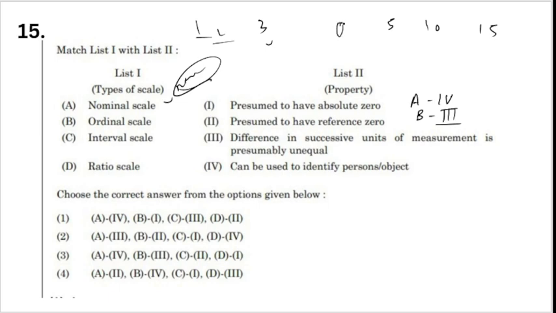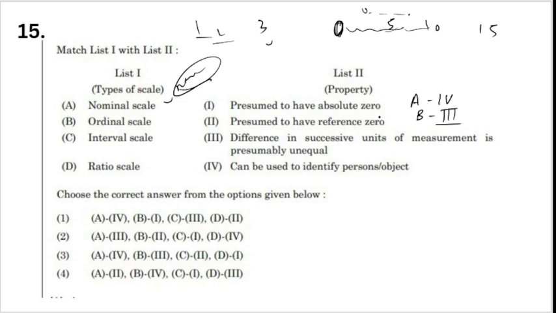Temperature can be on a continuous level, it can be expressed in decimals also, but we cannot say that if there is 0 temperature then there is no temperature. It is also some temperature, 0 degrees Celsius, right? So it does not have an absolute zero, it just has a reference zero for us to refer to.